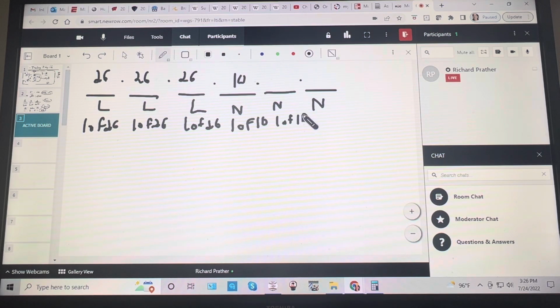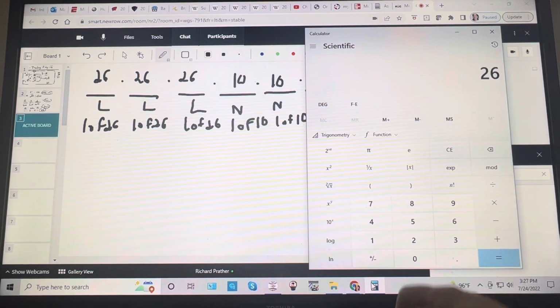No restrictions. Anything's possible. Then you just put 26 every time there's a letter and 10 every time there's a number. So this is what it used to be in Texas. 26 times 26 times 26 times 10 times 10 times 10. We used to have a possibility of 17.5 million license plates in Texas. 17,576,000.